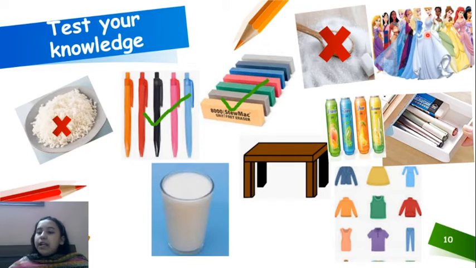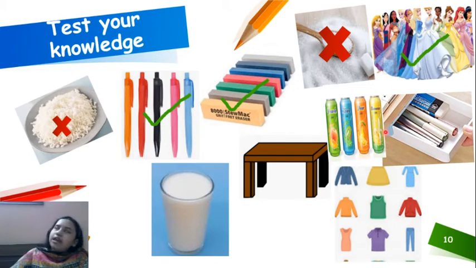So countable nouns are used with many, and the answer is right. Then pencils, they are countable and can be in a large quantity, so with countable nouns we use many, so it is a correct answer.